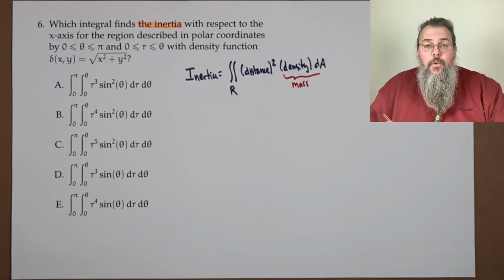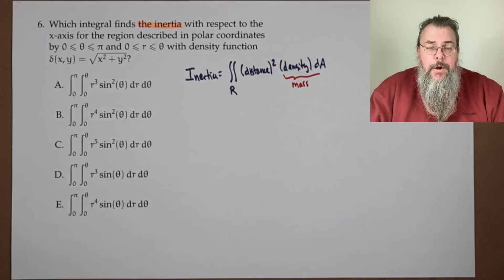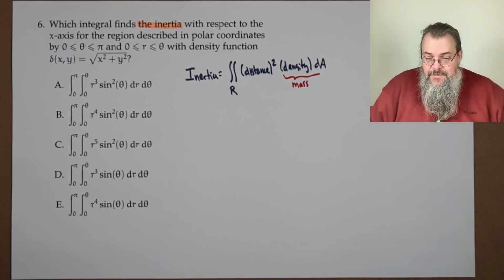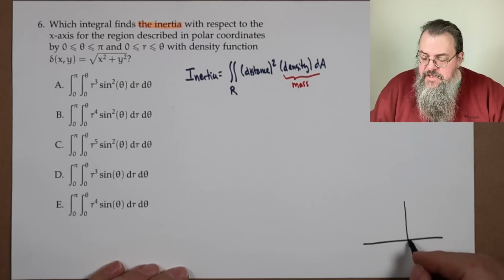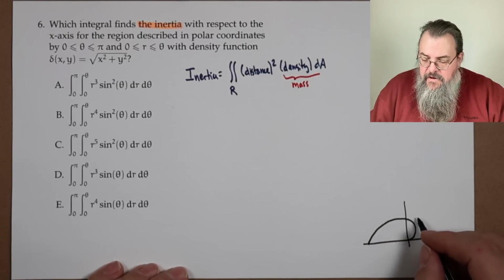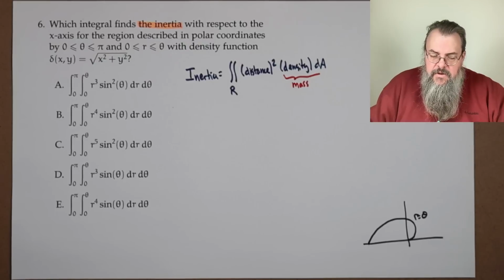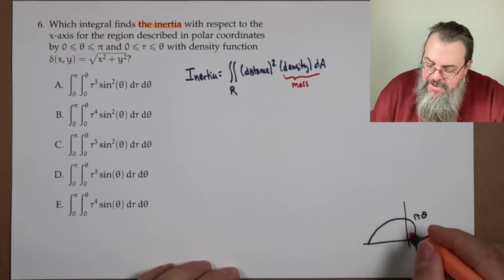All right, when we're thinking about inertia or moment for that matter, we have a distance. You always think about distance with respect to what? Well, so let's sketch. We don't need to know what our region looks like. It looks something like this. This is the curve r equals theta from 0 to pi, not 0 to 2 pi.